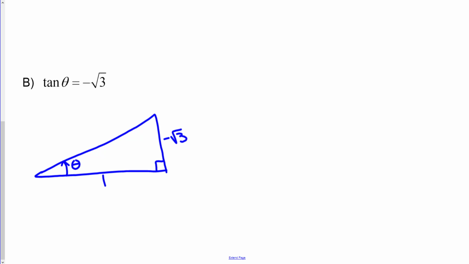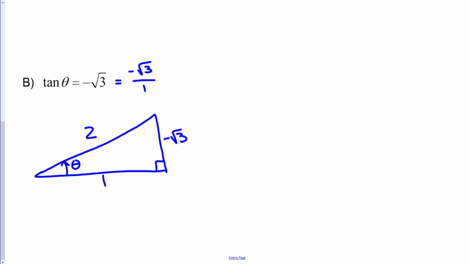Now, you'll notice I put a 1 down here without doing any calculation. The reason I'm okay with doing that is because I can write any number, no matter what that number is, as a value over 1. That's perfectly fine. So that means this remaining side has to be 2.